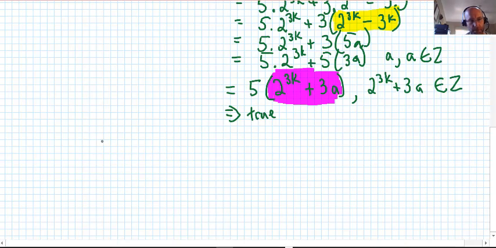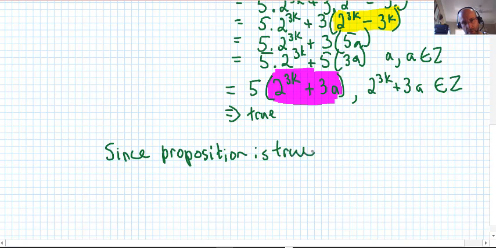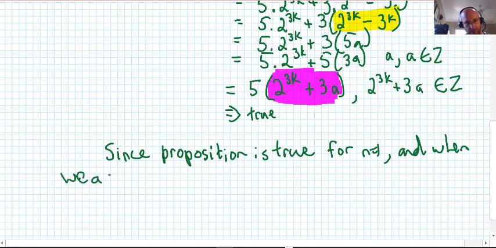some formal statement is required on inductive proofs since the proposition is true for the initial step, and when we assume n equals k is true, the proposition holds.